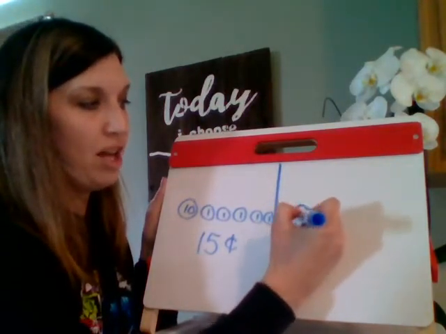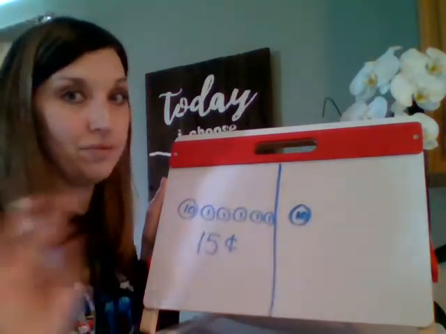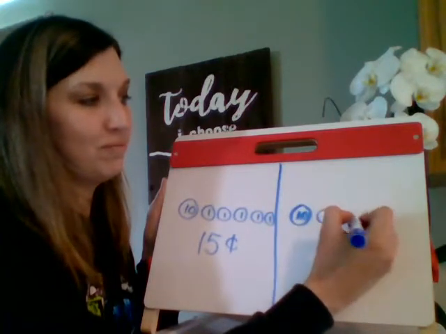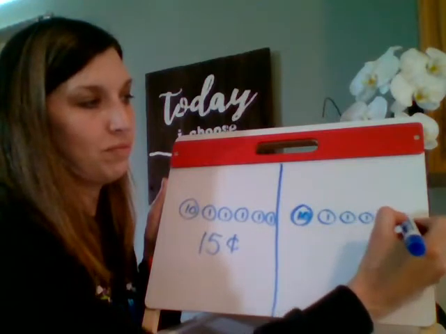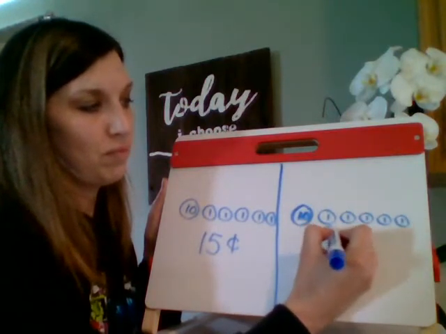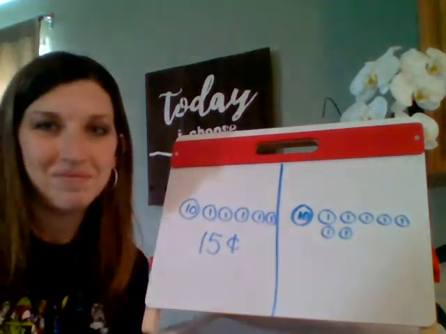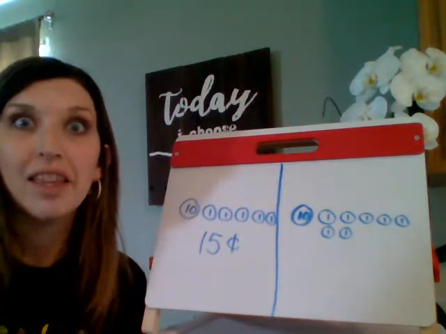I'm going to draw some coins and you're going to have to figure out how many all together. Your turn. Count how many all together and then write the number.